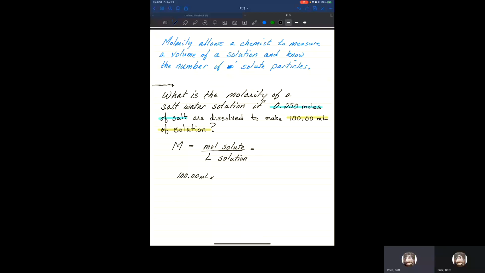Well, 1 liter is 1,000 milliliters. 0.10000 liters. And then 0.250 moles.